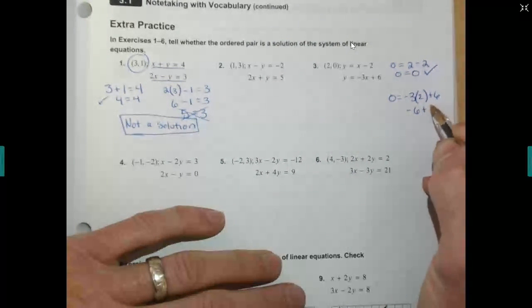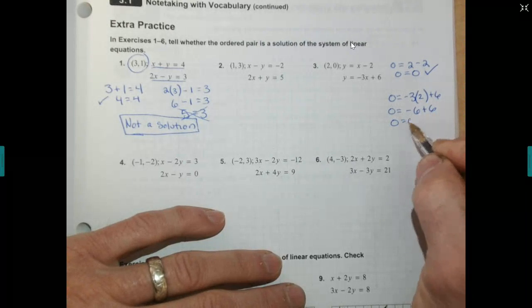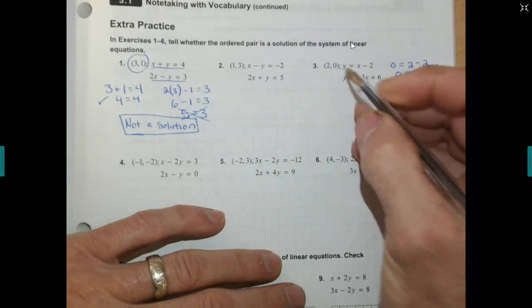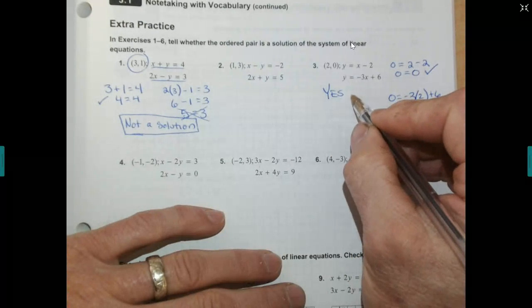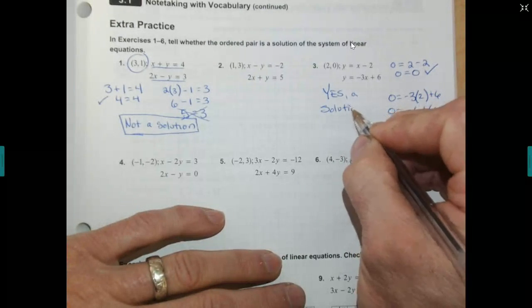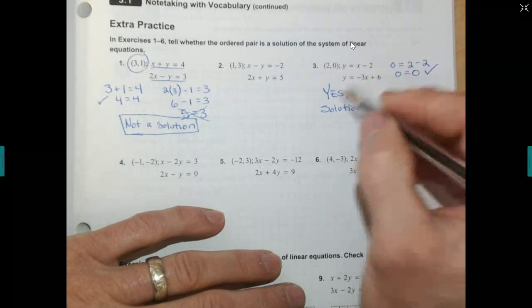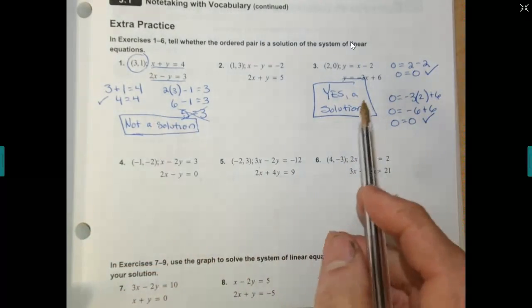Negative 6 plus 6 is 0, so that checks out. So yes, a solution. So here we didn't get a solution, here we do have a solution.